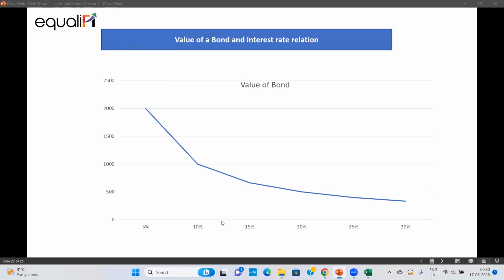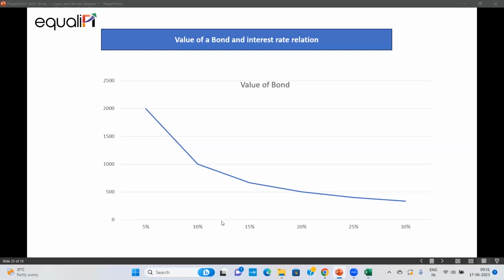So the overall interest rate in the market, when it is increased, automatically the bond value decreases. And when the interest is decreased, the bond value increases.